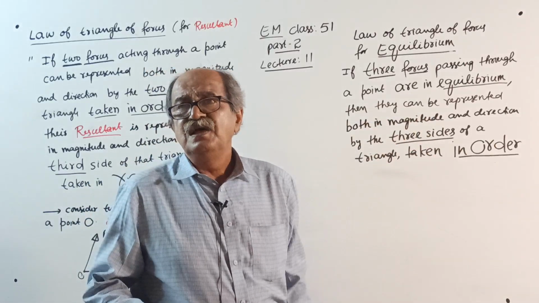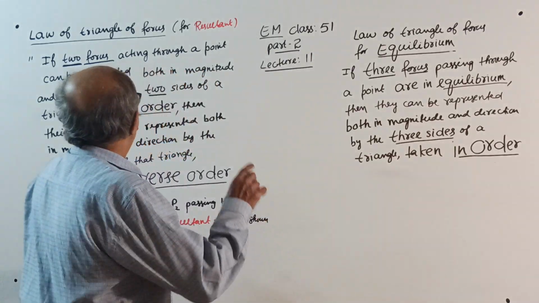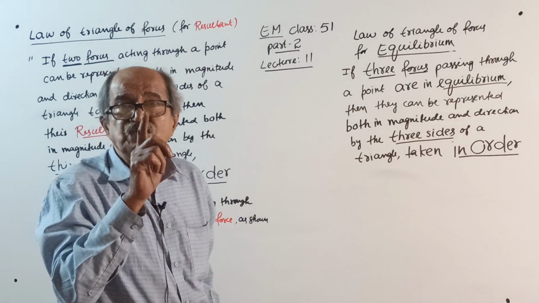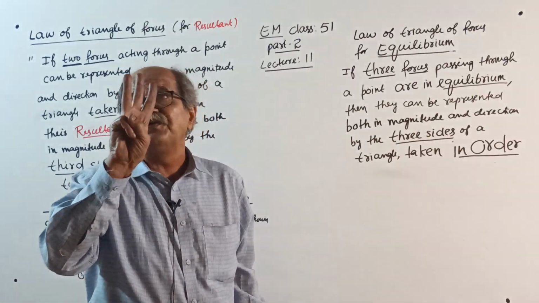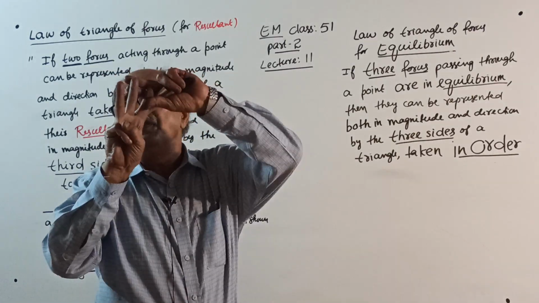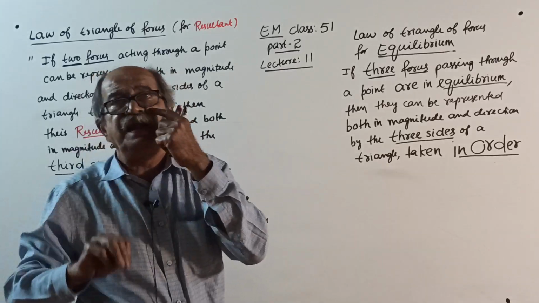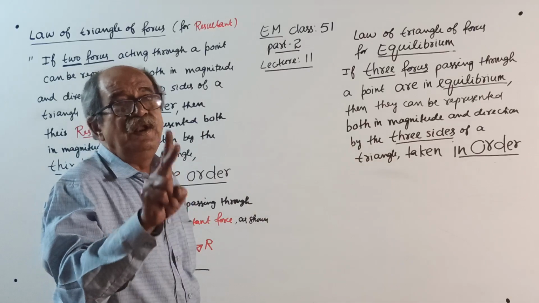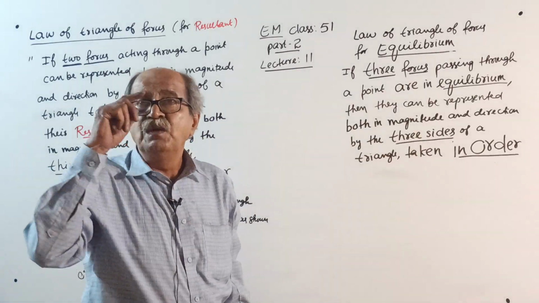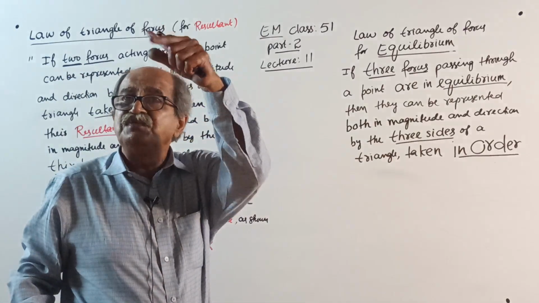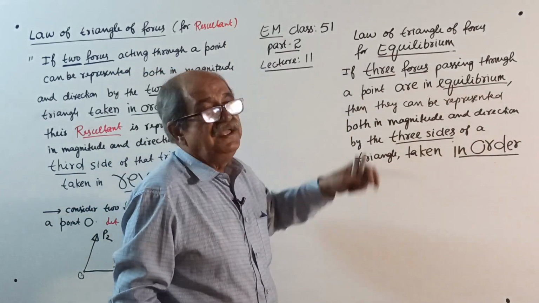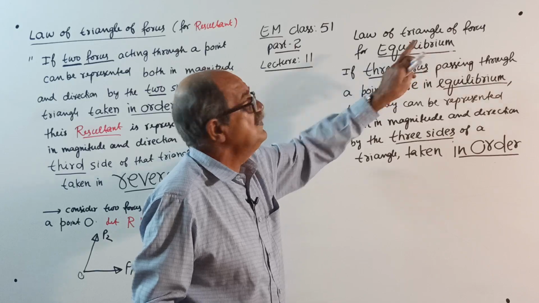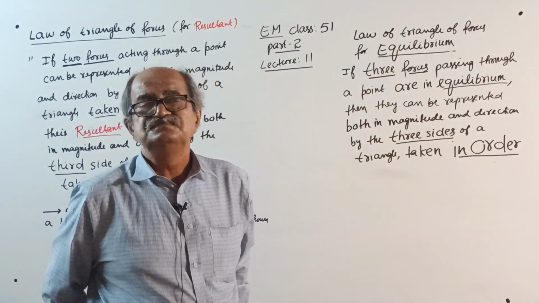So remember, how to remember is, if you apply the law of triangle of forces for resultant, resultant also comes. So three forces are there, two are the given forces, one is resultant. So for law of triangle of forces for finding resultant, only two forces. Reason, last one is for resultant. But if it is for equilibrium, no resultant, law of triangle of forces is for three forces.